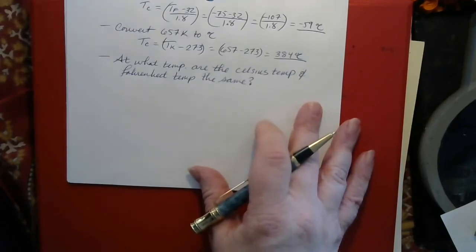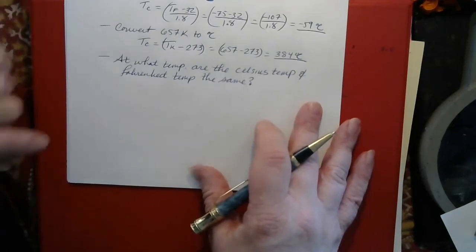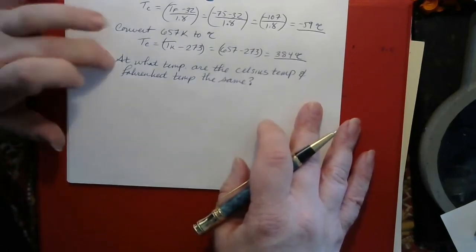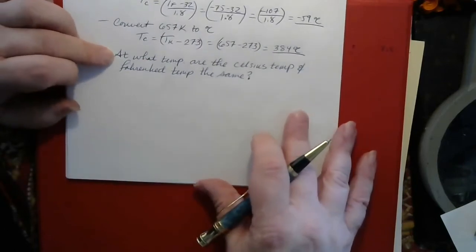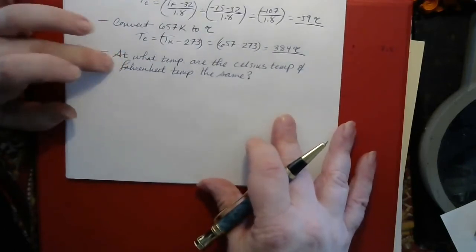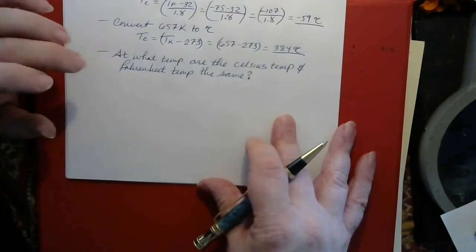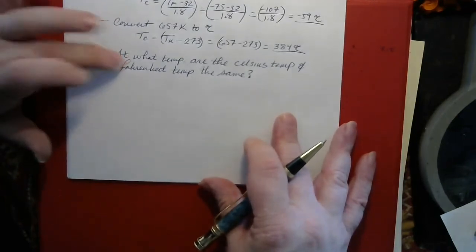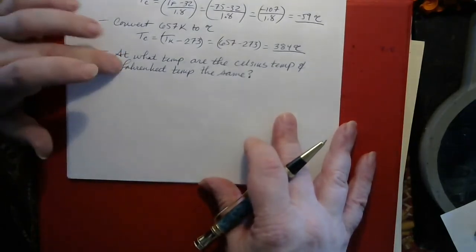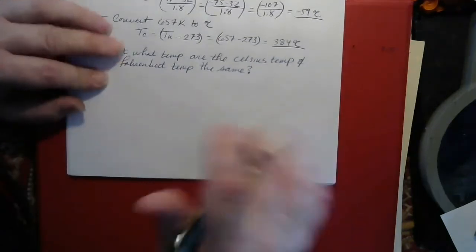If you go below 0, it stays that way for a while, but eventually it crosses over to the point where the Celsius temperatures are higher numerically than the Fahrenheit temperature. We can use algebra to figure out where that crossover point is, at what temperature the Celsius and Fahrenheit temperatures are the same as each other.